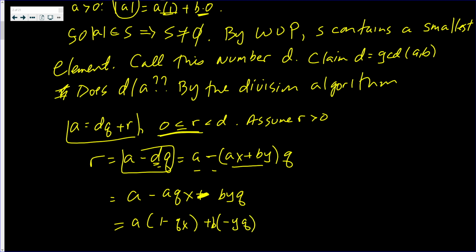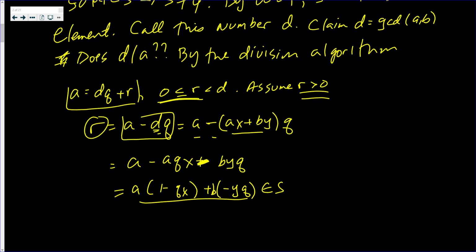Since all of this equals R and R is positive, that puts R in S, because I did write R as a multiple of A plus a multiple of B, and since this is positive, it's in S. But wait a moment.